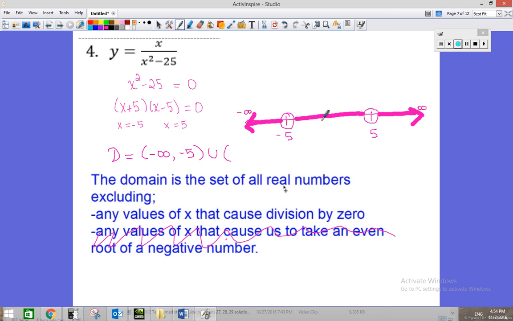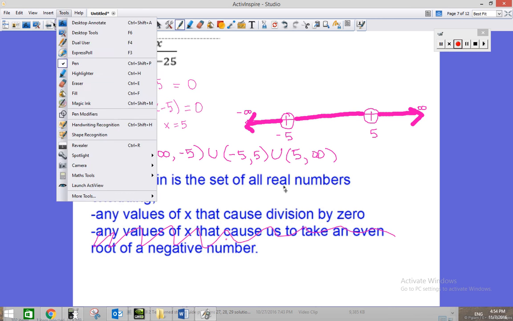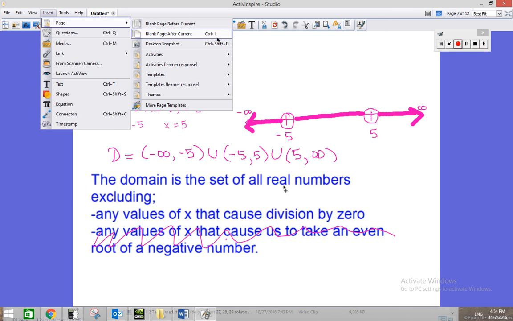Between -5 and +5, and I'm excluding +5, so I need a union. And if you're bigger than 5, all the way out to infinity. So there's my domain.